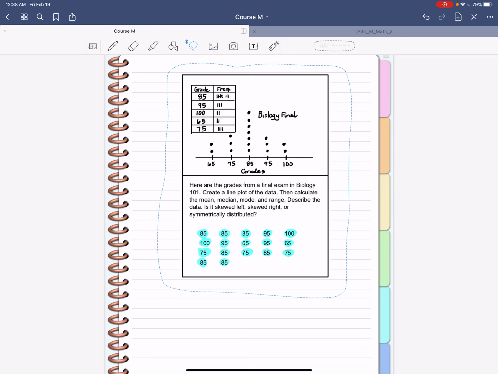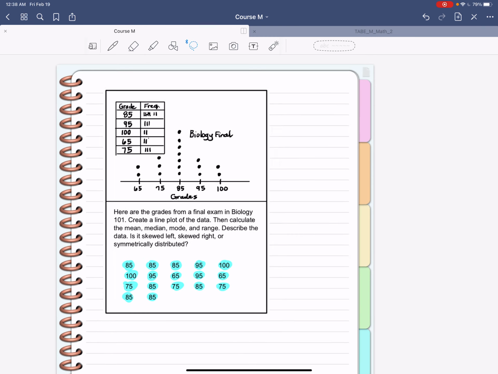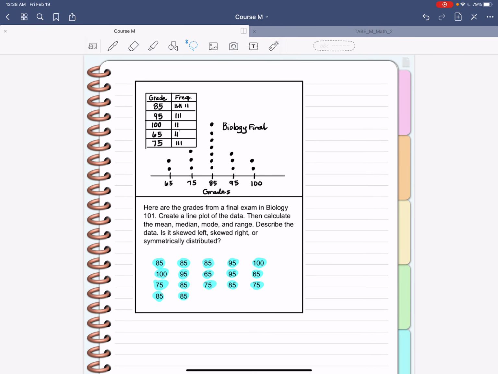Now, let's take it a step further and calculate those values that we need. So I'm going to say the mean. Remember, mean or average, they can ask you either way on an exam, is a two-step process. You must first add the values.